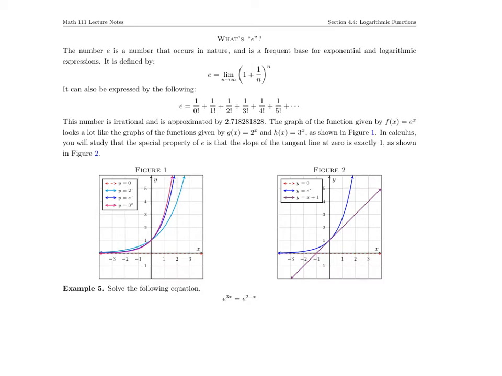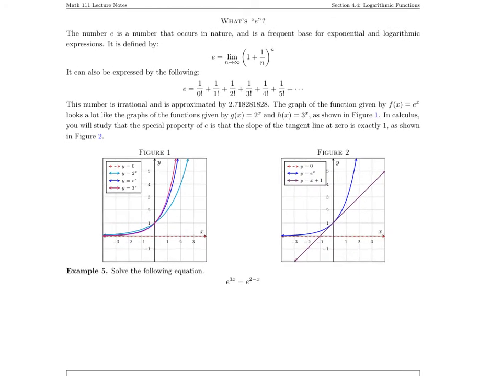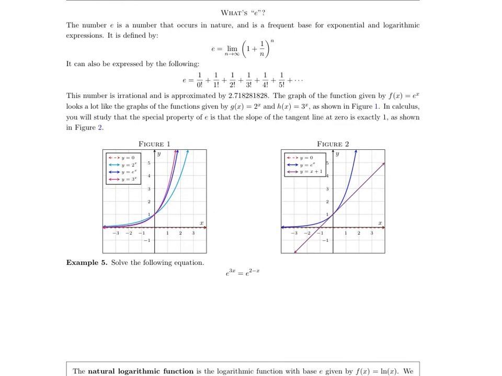But I wanted to show you that you can use E to solve just like we were doing previously. So if we take a look at example 5 over here, we can say, hey, look, e to the power of 3x is equal to e to the power of 2 minus x. Hey, look, both those bases are the same. We can set those exponents equal to each other and start solving. So I'm going to add x to both sides, divide both sides by 4, and get x is equal to 1/2.